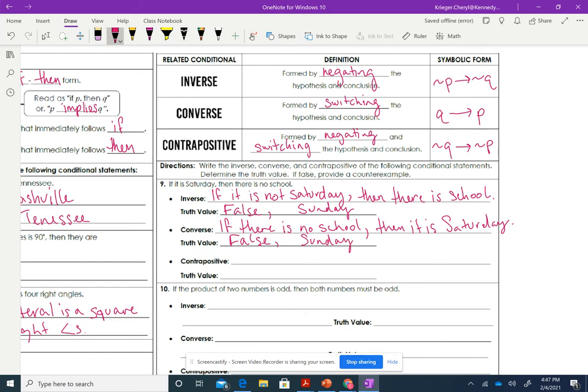The third one, contrapositive: we're negating and switching. So if there is school, that's the negate, then it is not Saturday.